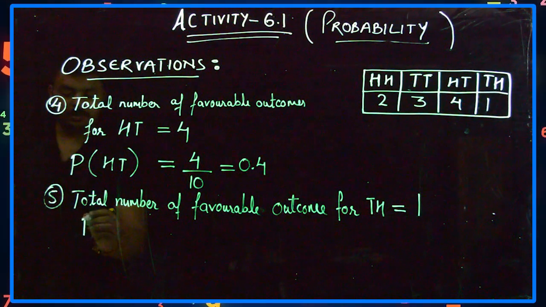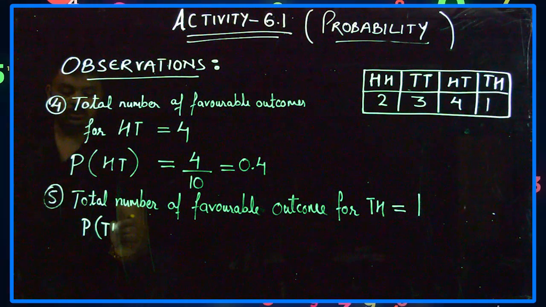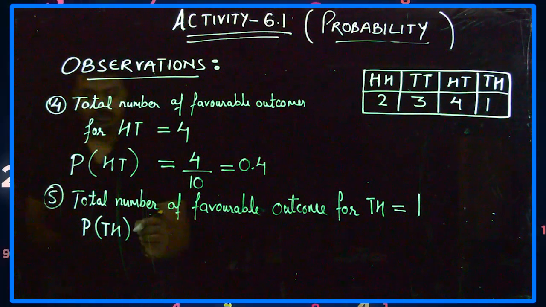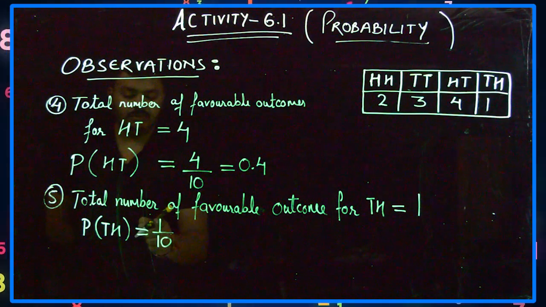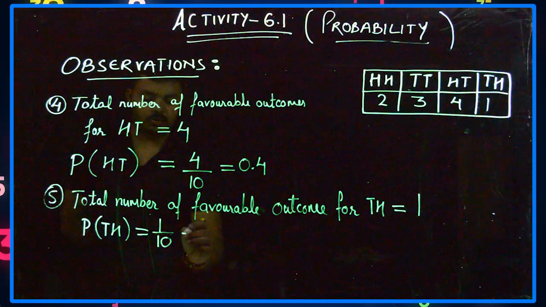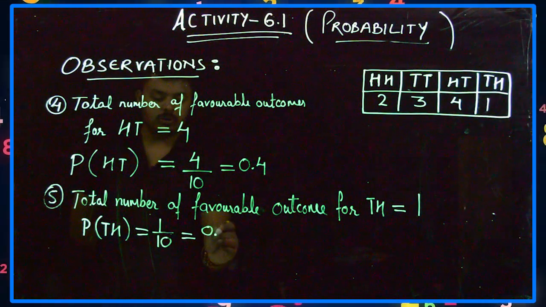So the probability for TH becomes 1 by 10, favorable outcome upon total number of outcomes, that is 0.1.